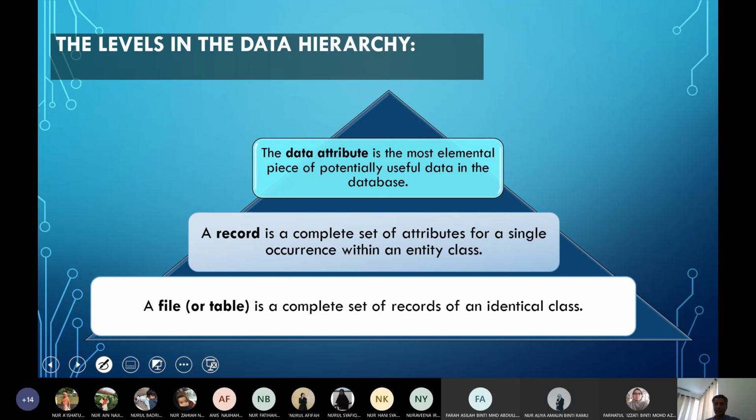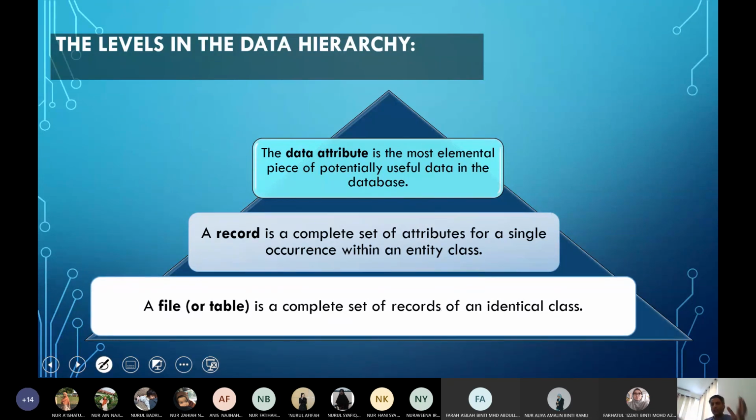First is the data attributes, which is the most elemental base of the potentially useful data in the database. So it's about recording a single piece of information, the date of the transaction, the customer name. Each one of these is considered a data attribute.